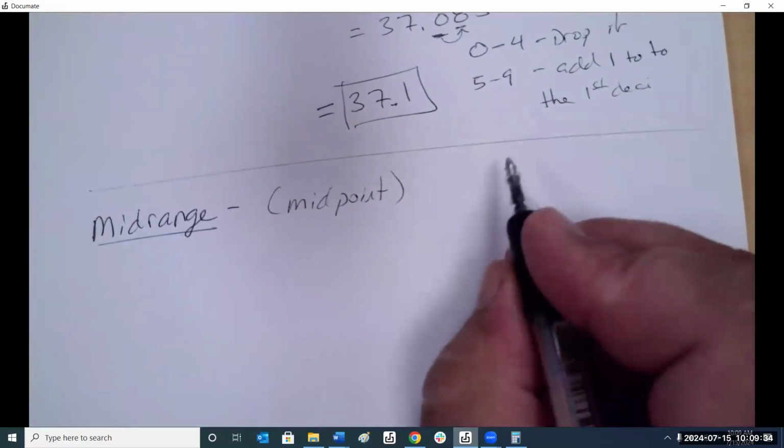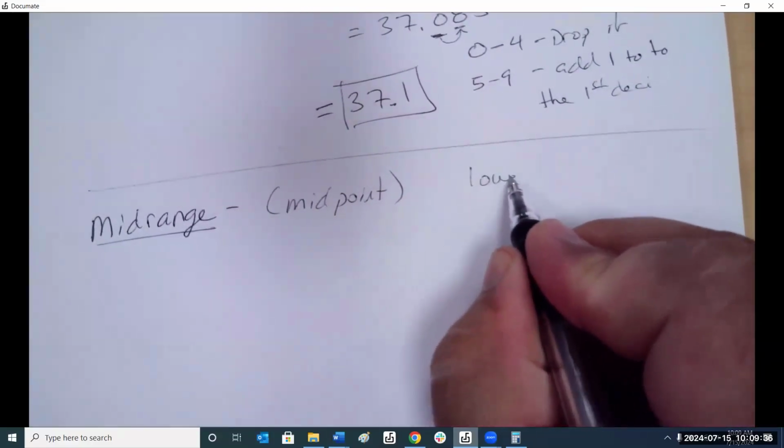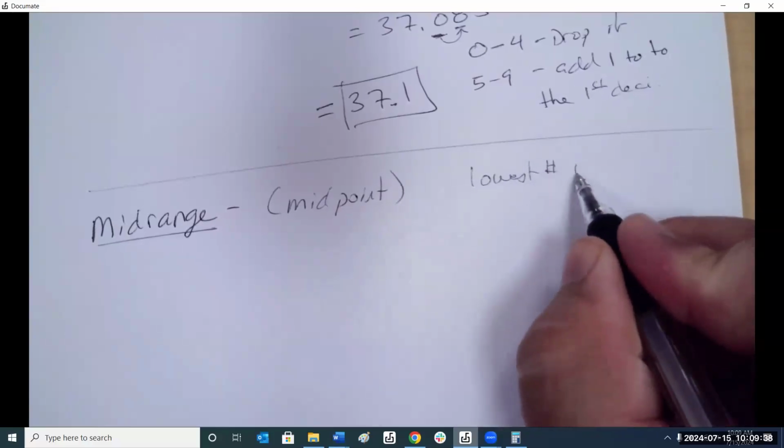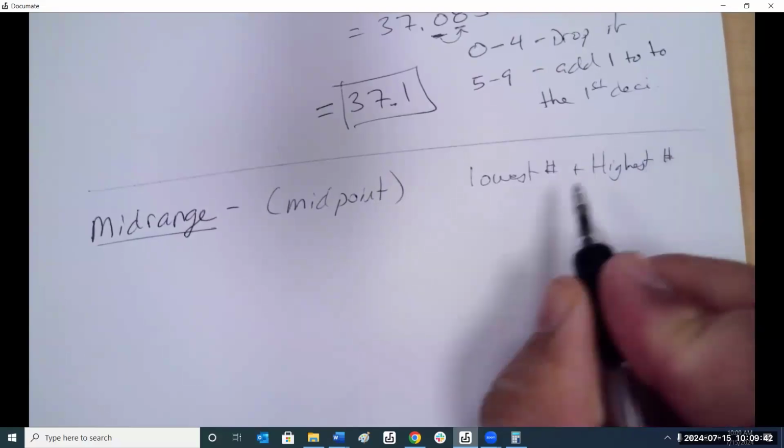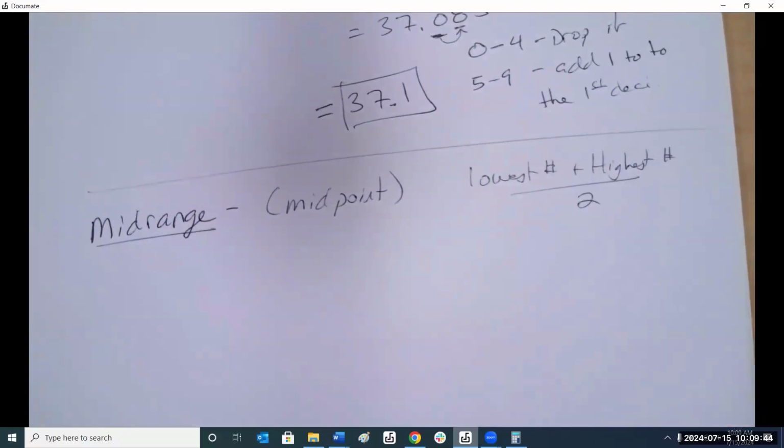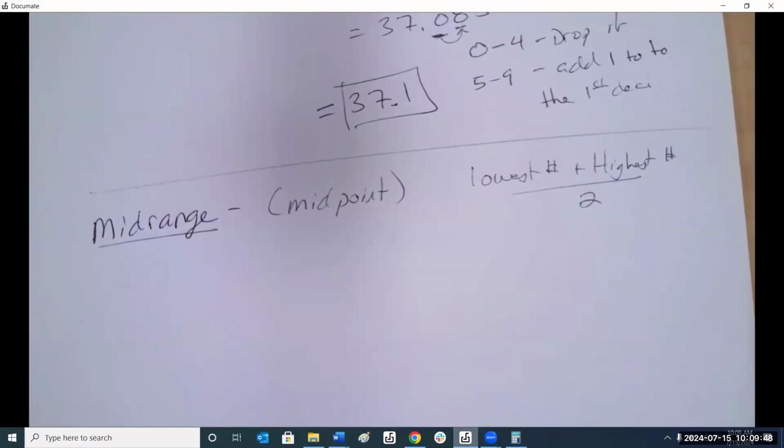The way we find it is take the lowest number, add the highest number, and divide by 2. That means we have to go through our data set and look for the lowest number and the highest number.